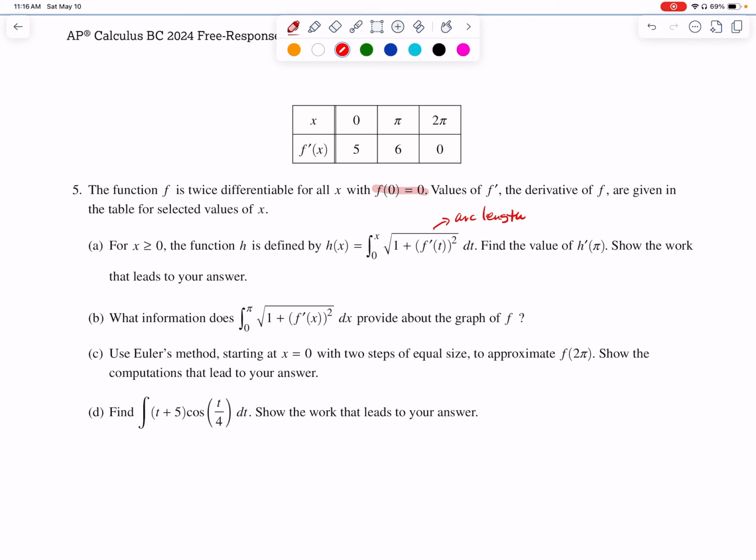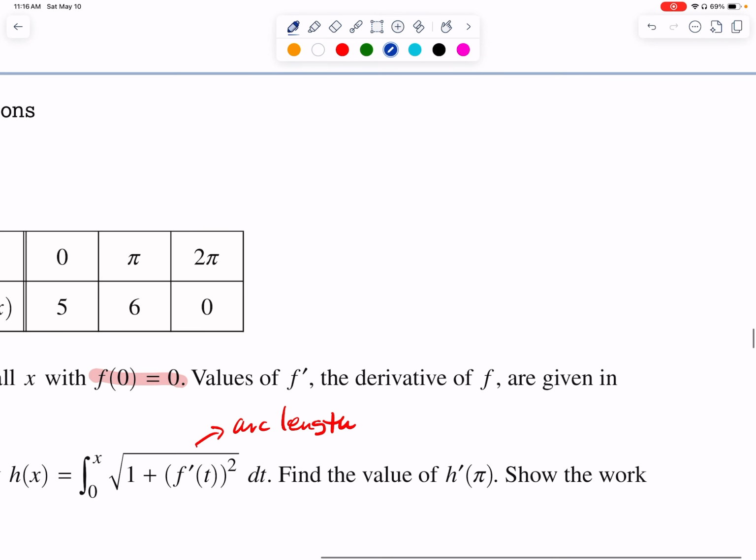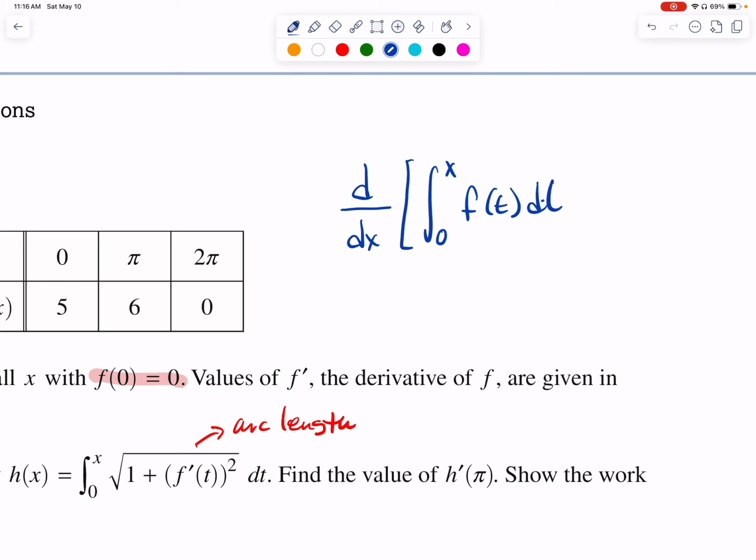Okay, so if we are finding the derivative of an integral equation, that to me sounds like one of the fundamental theorems of calculus, which looks like this. Just generally speaking, taking the derivative with respect to x of the definite integral from some value, and for us it's, I think, 0, to x of f of t dt, that is equal to f of x.